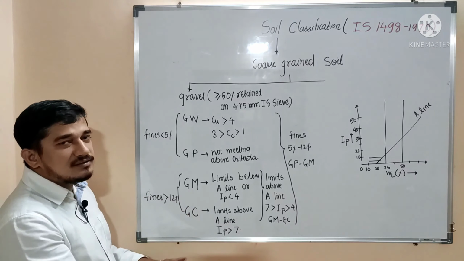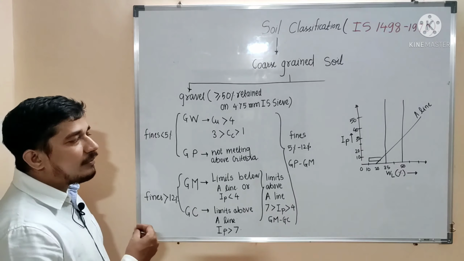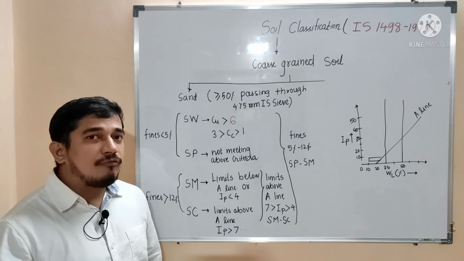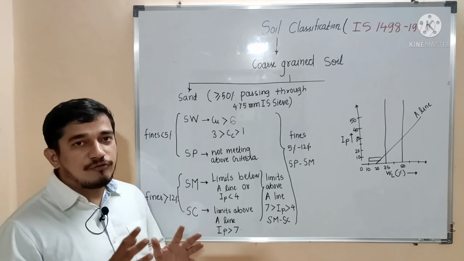Just like this, the sands are also classified. Now we will see how the sands are classified. While classifying sand, there is not much difference compared to the classification of gravel, but we have to identify the sand. When more than 50% of the soil fraction is passing through the 4.75 mm IS sieve, then it can be termed as sand.